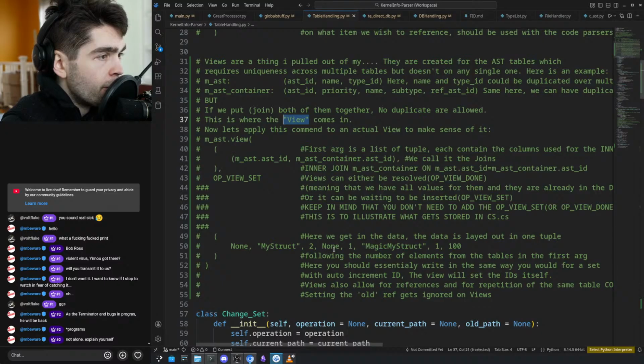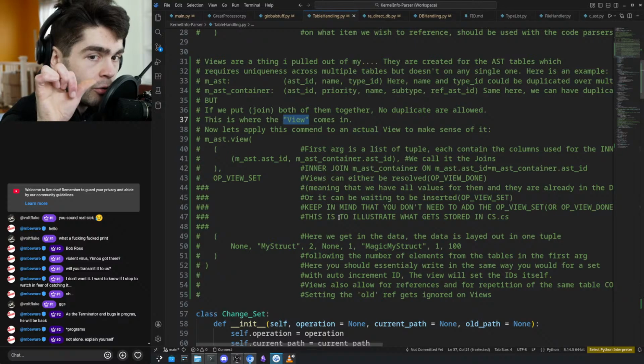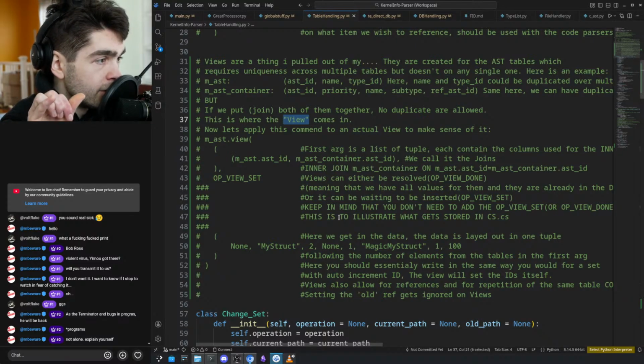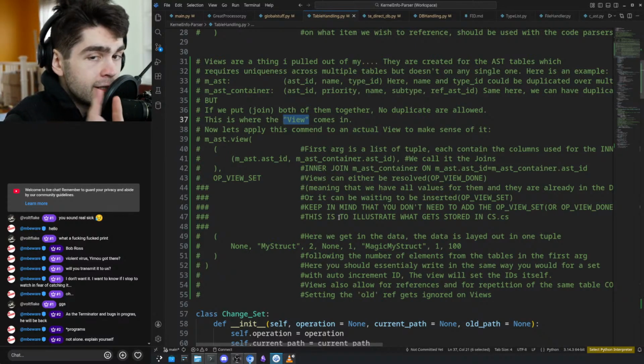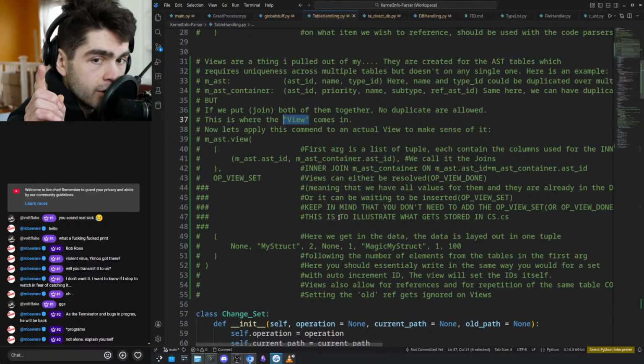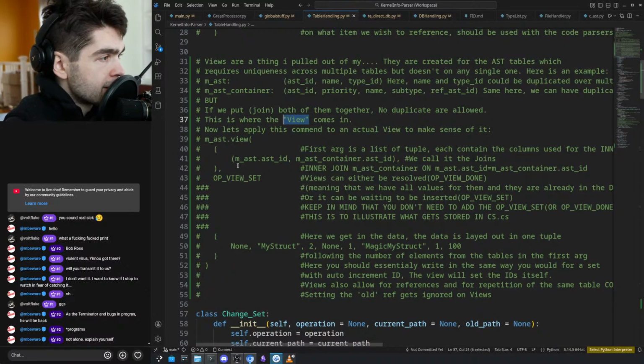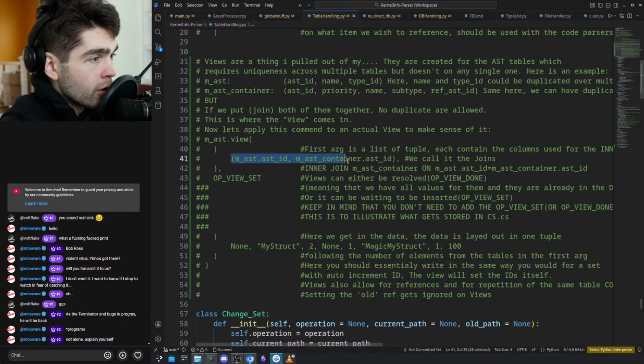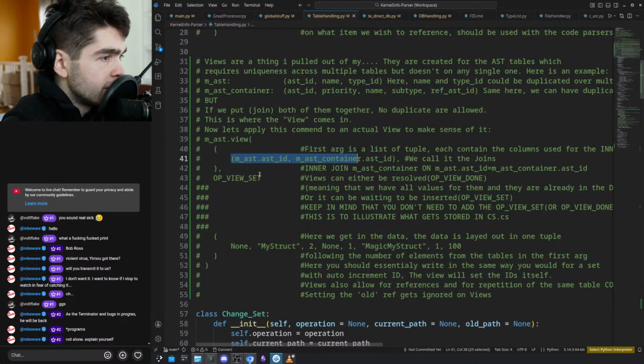So views work by encoding the join relationship between the tables inside of a list of tuples, and then giving the values that we want to find. So let's go into it. So the first argument is our list of tuples. I call it the joins. So we have this construct that we used for reference, right?